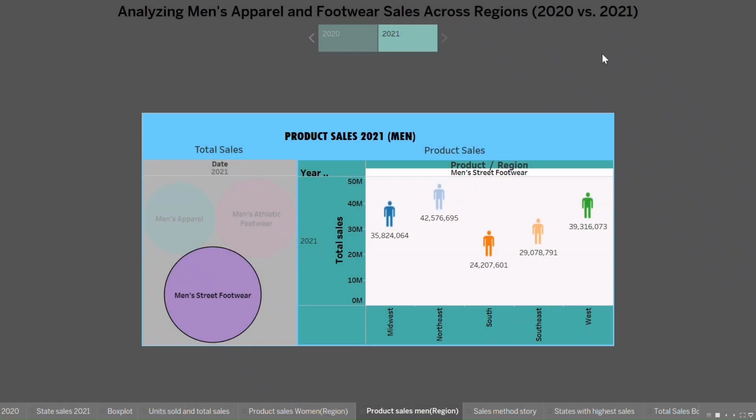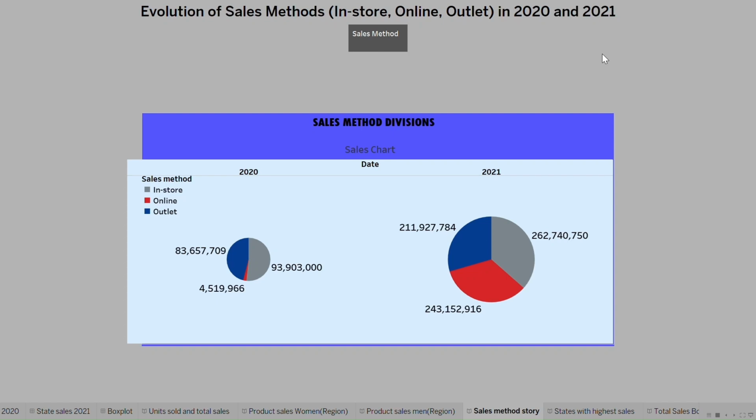So the next thing we'll talk about is the sales method used by Adidas. Here we have a simple pie chart of 2020 and then 2021 with the descriptions on the left. So in 2020, obviously the in-store made more sales, 93 million sales.